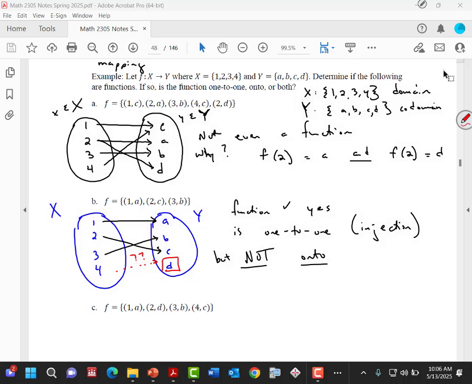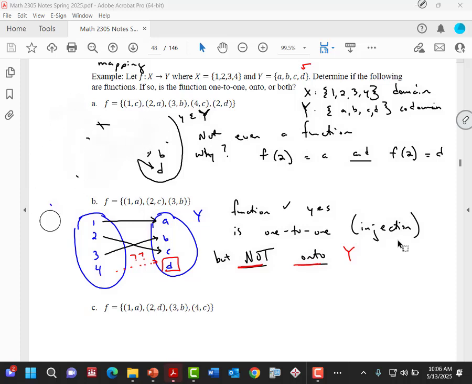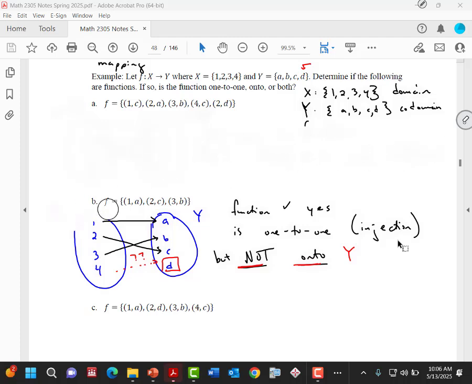Since nobody relates to this D, who is a member in the codomain, we simply say that the function is not onto Y. It's not onto the codomain. Okay, let's take a look at C. I'm going to erase these right here so we can take a look at C.